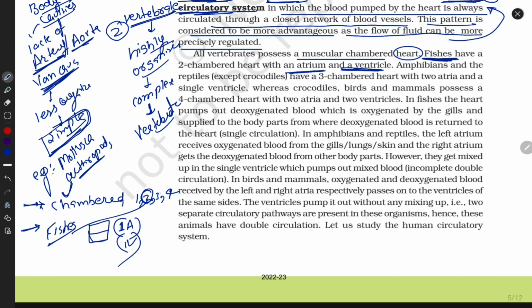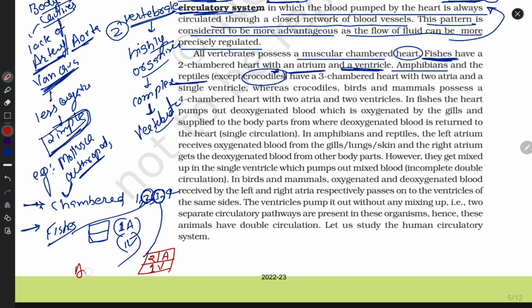Let's switch to what kind of animals contain a three chambered heart. The example is some amphibians and reptiles except crocodiles. So these contain a three chambered heart: two atria and one ventricle.